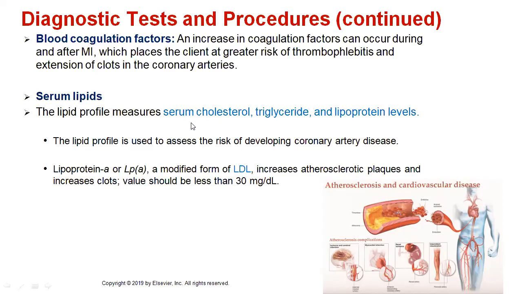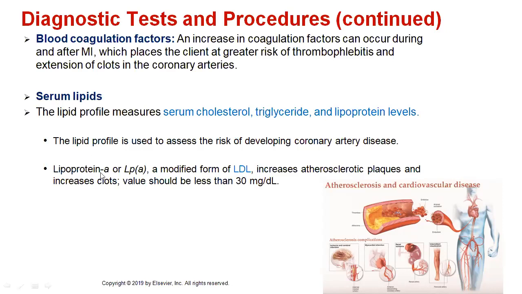Triglyceride should be between 35 to 135 milligram per DL in case of female, but in a man, it should be 40 to 160 milligram per DL.